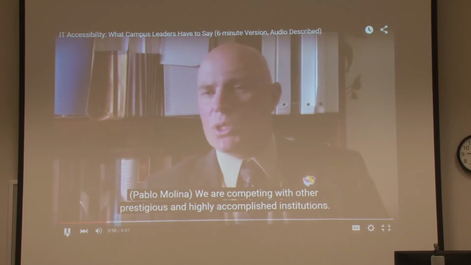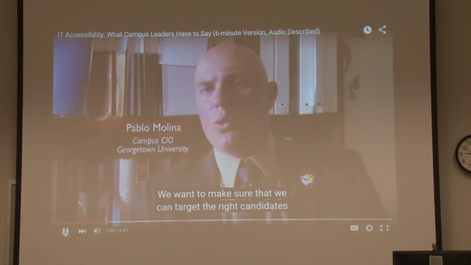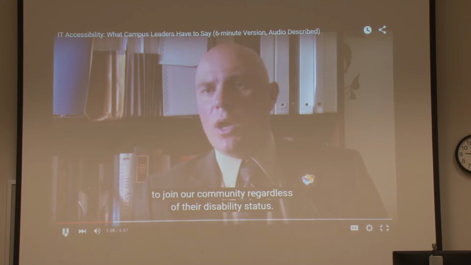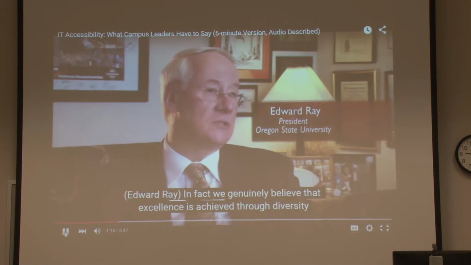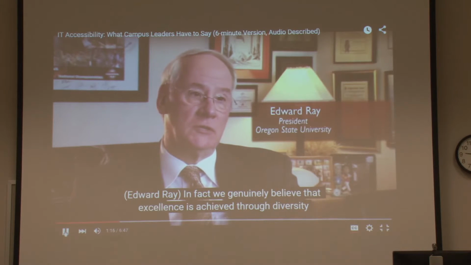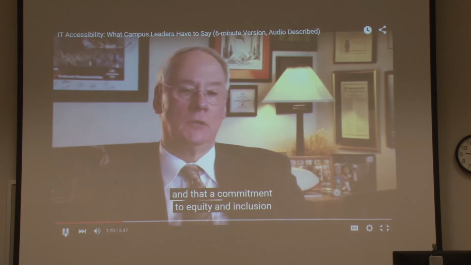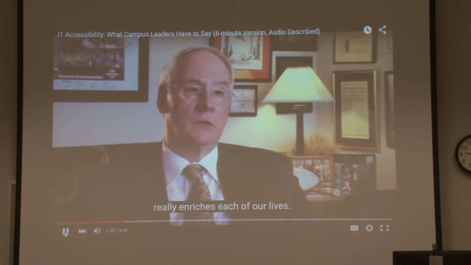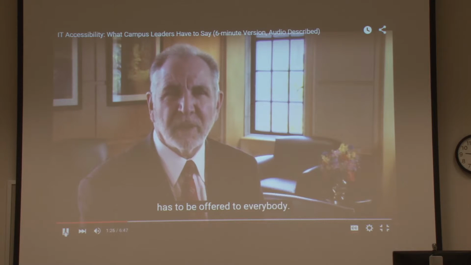And we're competing with other prestigious and highly accomplished institutions. We want to make sure that we can target the right candidates Georgetown University to join our community, regardless of their disability status. Edward Wright. In fact, we genuinely believe that President. Excellence is achieved through diversity, University of Oregon. and that a commitment to equity and inclusion really enriches each of our lives. What the university offers and makes available has to be offered to everybody.